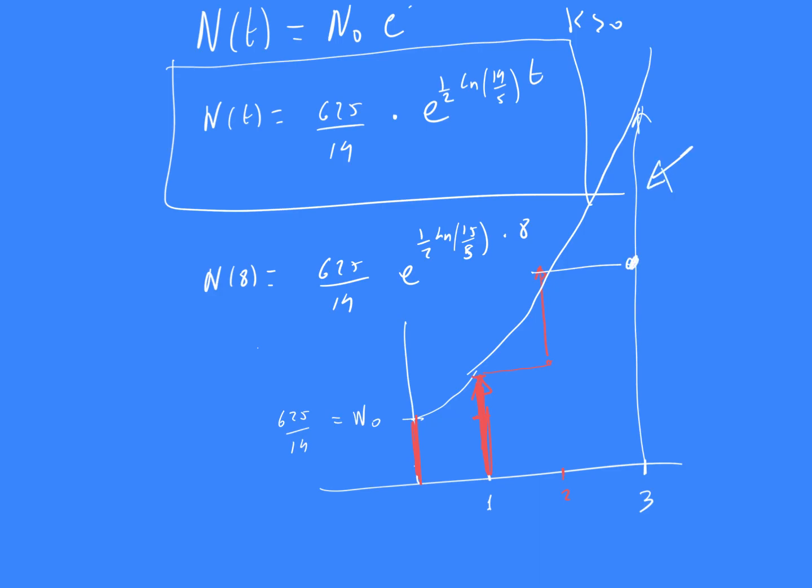So you realize the change in the function, the change in N, depends on the amount of substance that exists at this moment.